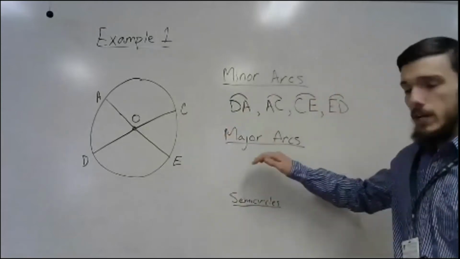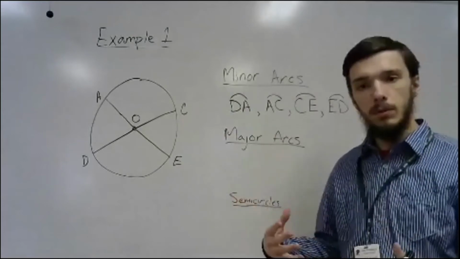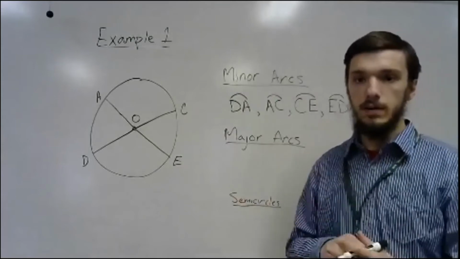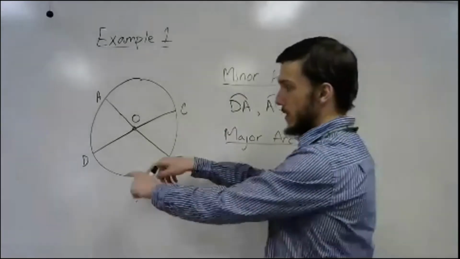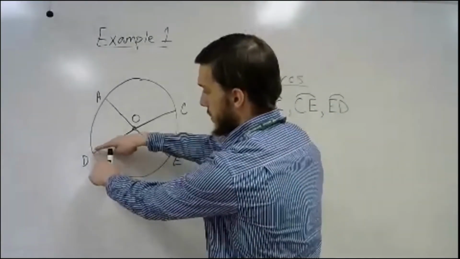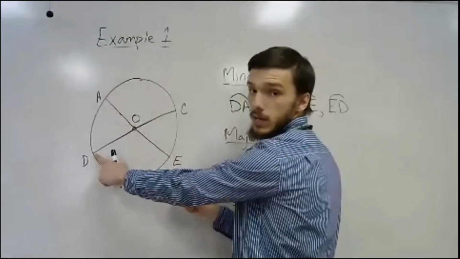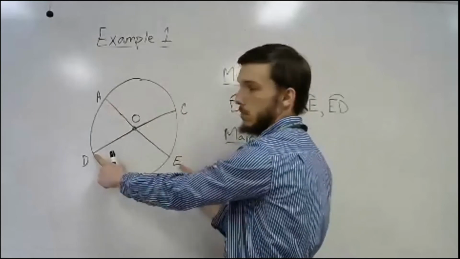Okay, our major arcs might be a little bit more confusing because we need 3 points on them. So let's look at the part of the circle from D to E. That's more than half a circle, but how do we decide if we're going to use A or C as our middle point?